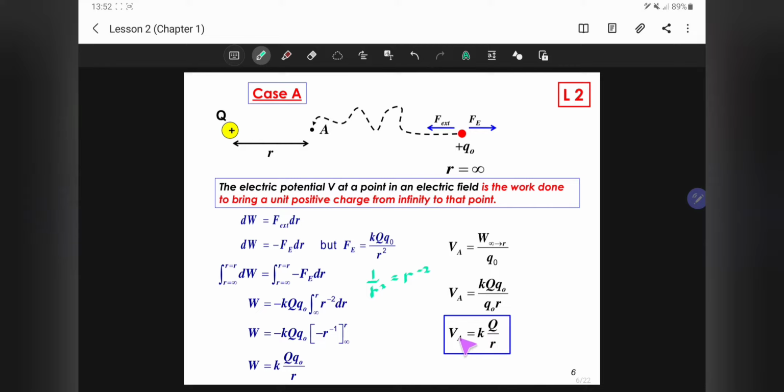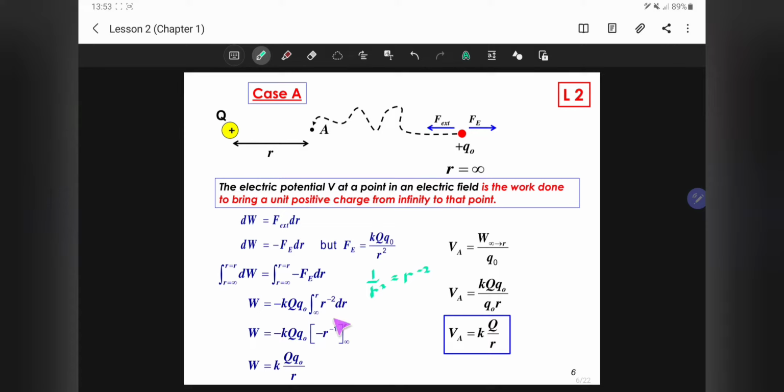The potential at A is still positive, kQ over r. So by moving a test charge from infinity to a point nearer to a positive charge, you get a positive potential.